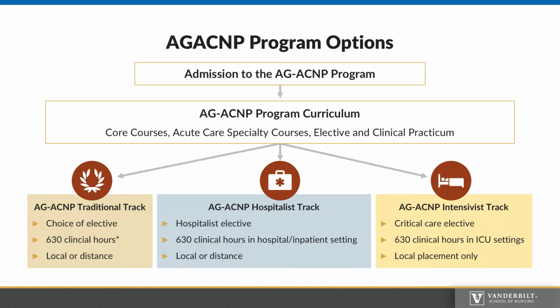When choosing the hospitalist track, we will have a list of questions that we will ask you to complete, as well as a history of your past clinical experience. The hospitalist track is friendly to both distance and local students, as it does not require you to be on campus other than for block sessions in the spring and summer.